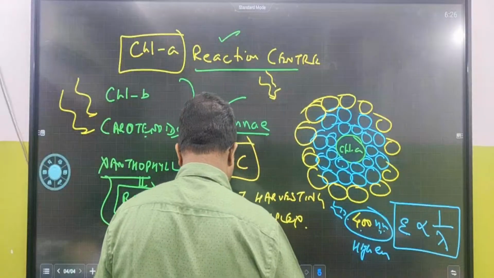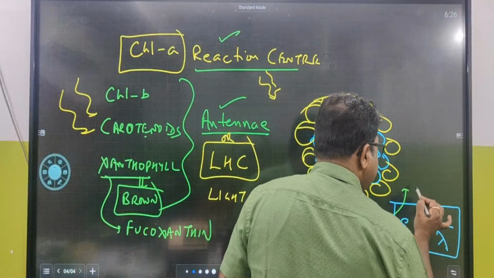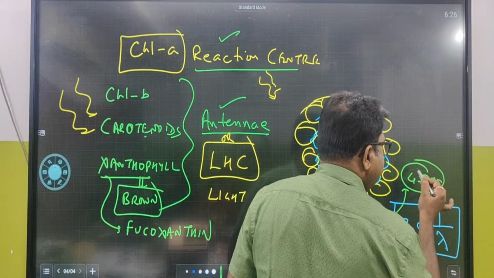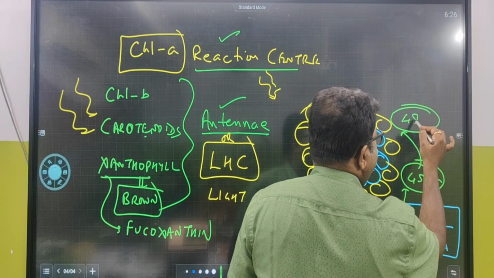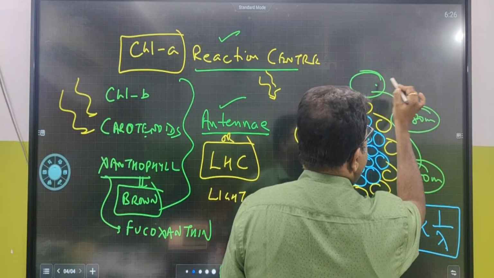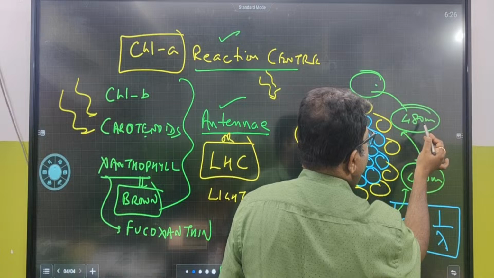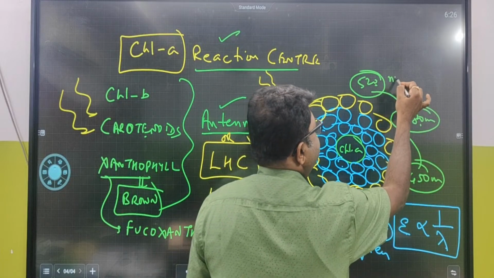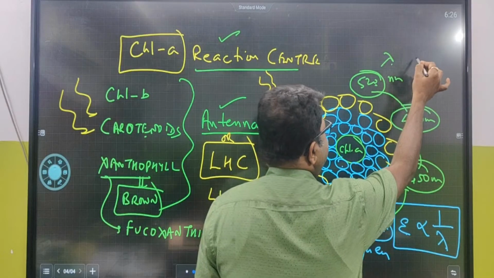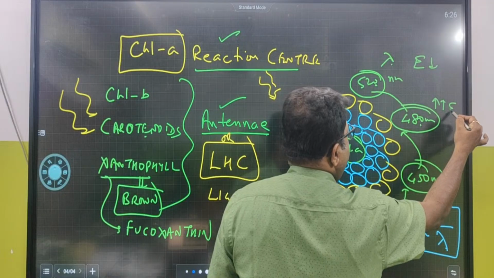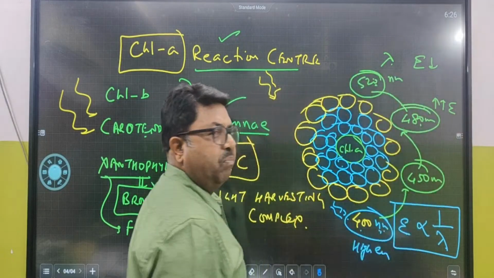the energy to, say, 450 nanometer. It's going to give the energy to, say, 480 nanometer, more than that. It gives energy from high energy to low energy, because more lambda means less E, and 400 has high energy.